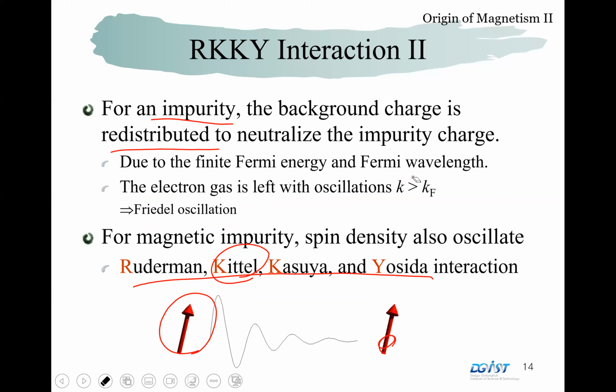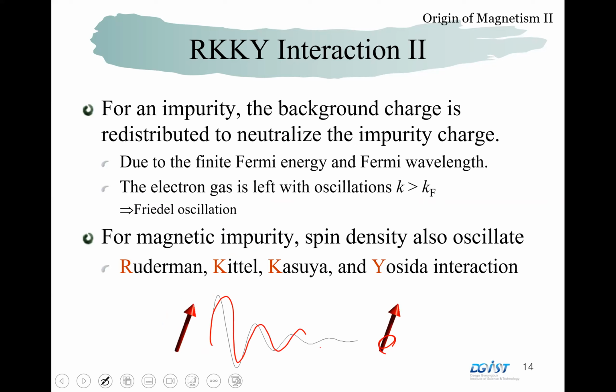Anyway, so in a magnetic impurity, the interaction between them oscillates but decays. So depending on the distance, the interaction sign can change from plus to minus. So we have many magnetic phases because it depends on this distance.